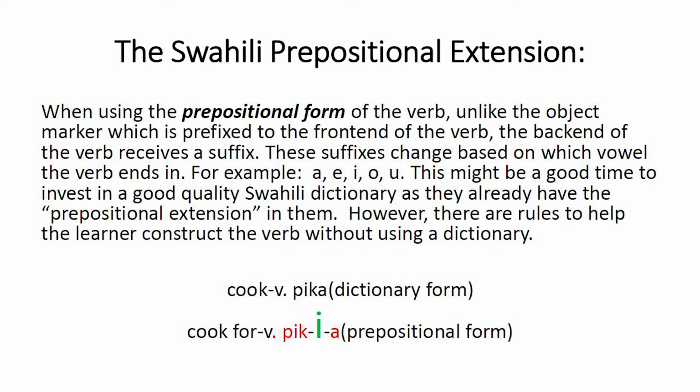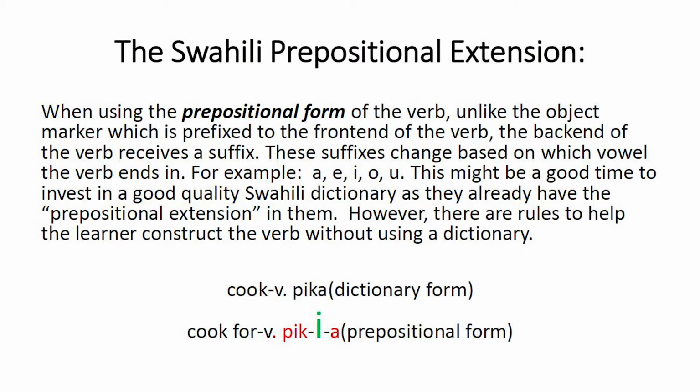Okay, so let's look at the dictionary form of the verb cook. That dictionary form is pika, P-I-K-A. It's pronounced pika. However, when you want to change that dictionary form to the prepositional form, there's something you have to do to the verb.